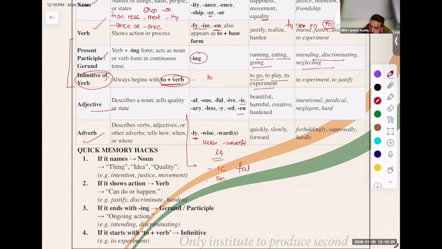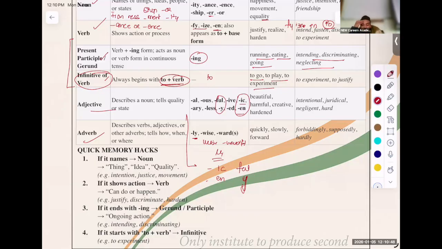IC engines have fully. I'm just telling you the words. IC engines fully have. How do you remember this? Okay.